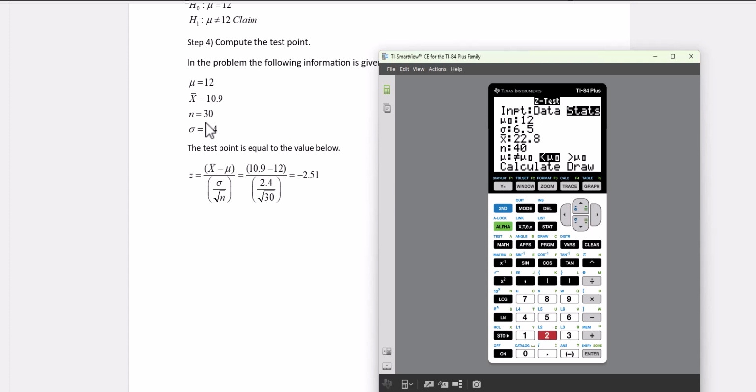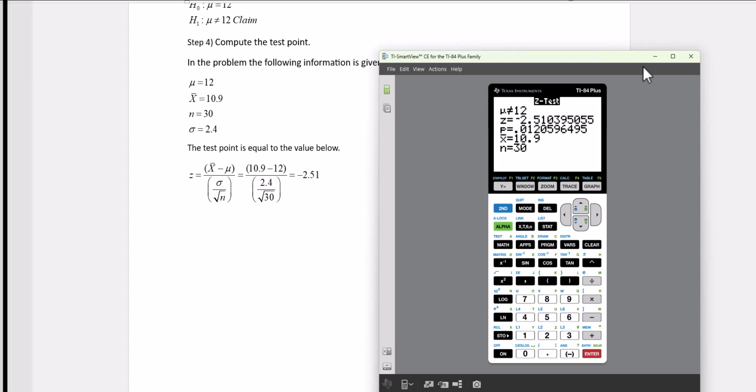Mu is 12, sigma is 2.4, x bar is 10.9, and n is 30. In this case, it's not equal to, so we calculate. We do calculate our test point, but right below is the p-value, which rounds to 0.012.